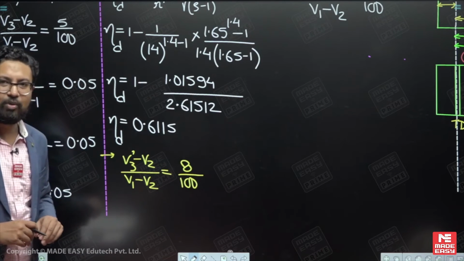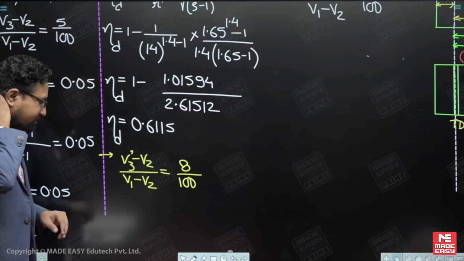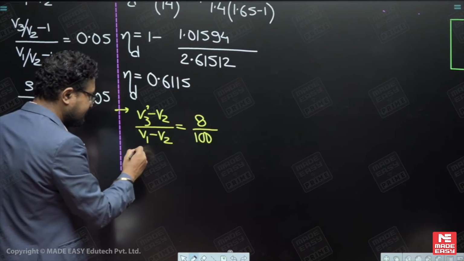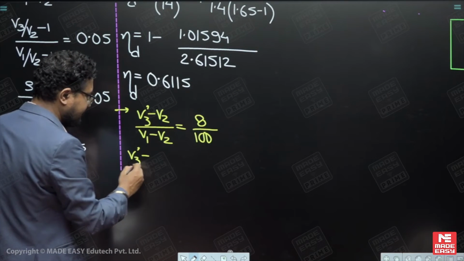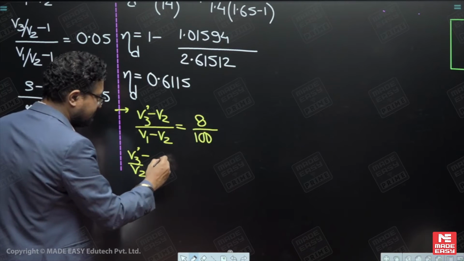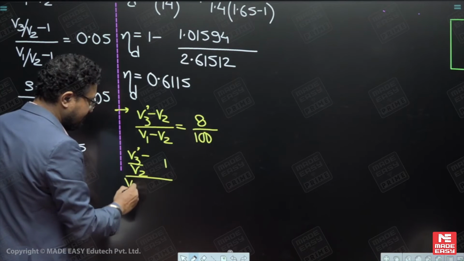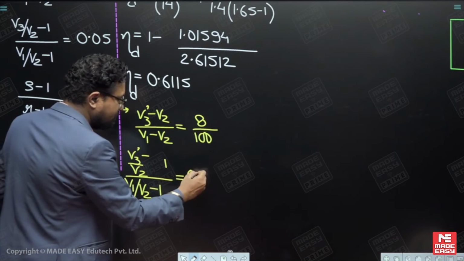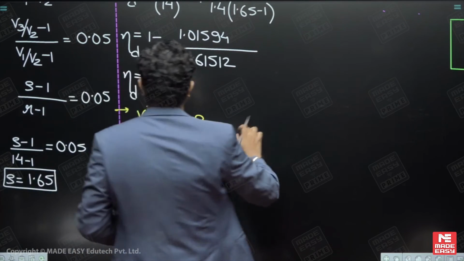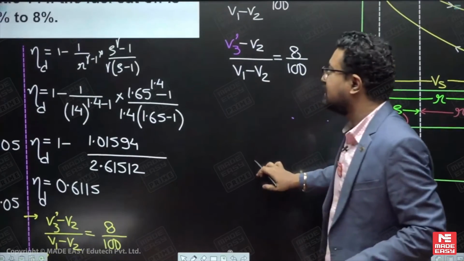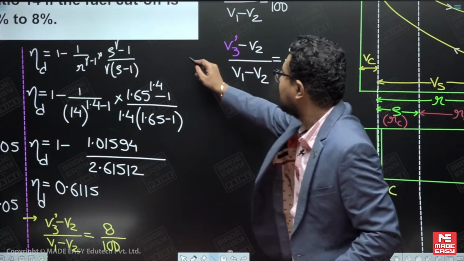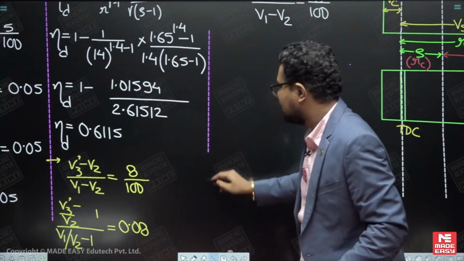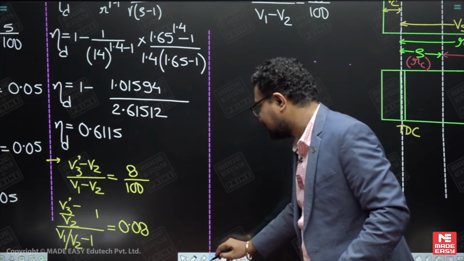Now if we divide both numerator and denominator by V2, we get (V3'/V2 - 1)/(V1/V2 - 1), and this will be equal to 0.08. Then let me calculate it further here.